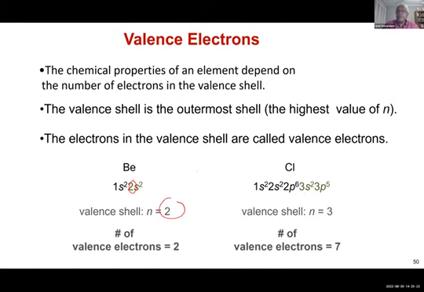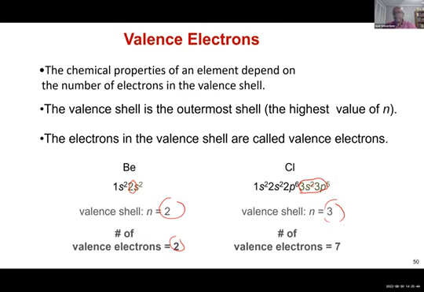For this one it is 3 here. Valence shell is 3. The number of valence shell electrons is 2 here. You count only those: this is 2 plus 5, which is 7.